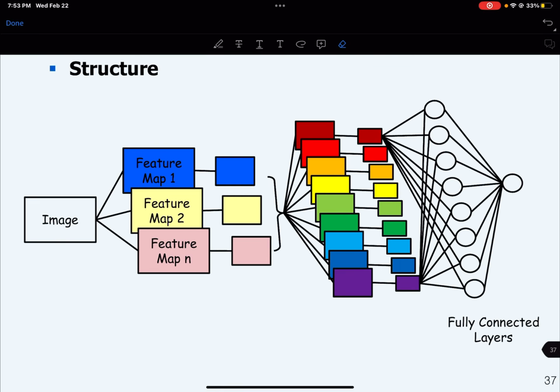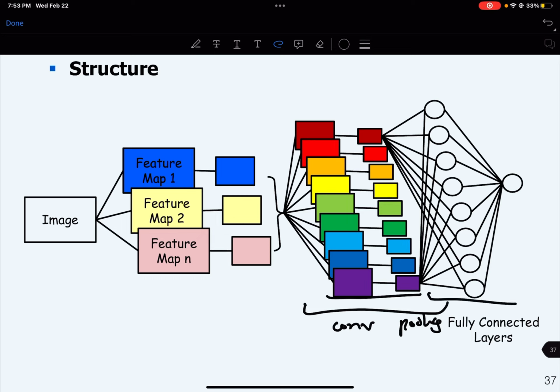So the overall structure will become an input image with feature extraction, where each of these networks is composed of neural networks, a convolutional layer, a pooling or subsampling layer, and then the final fully connected layer, which is the classification head of our neural network.